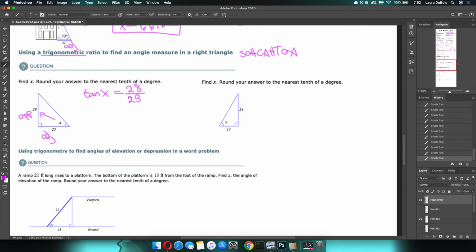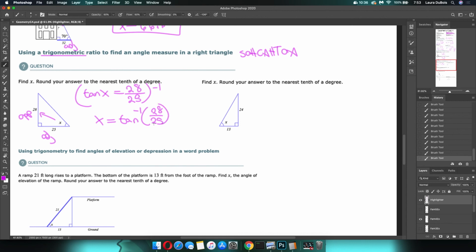Okay, but how do you undo a tangent? I just inverse tan it, and on the calculator it looks like tan to the negative 1. So we're going to do tan inverse of 28 over 25.